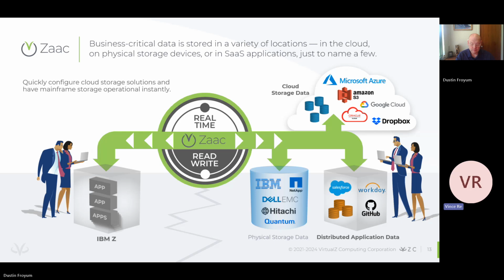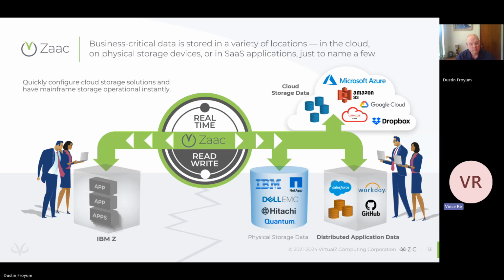And I'll mention also, I've been using virtual disk, but technically we also support virtual tapes. So if you wanted to do all the same things I'm talking about, but think in terms of virtual tape, that's possible too. And it's all in one product. It's bi-directional. It's all the same attributes we talked about before.